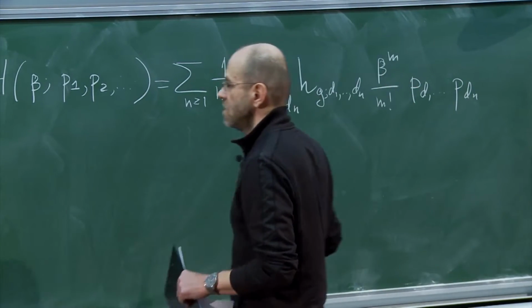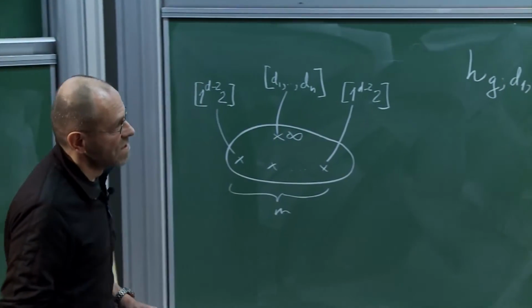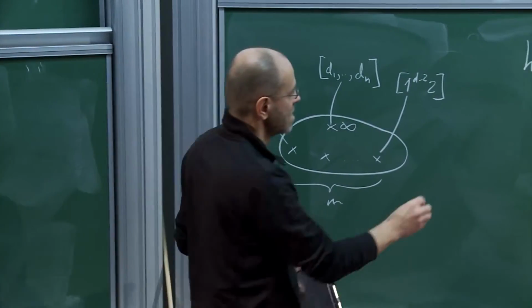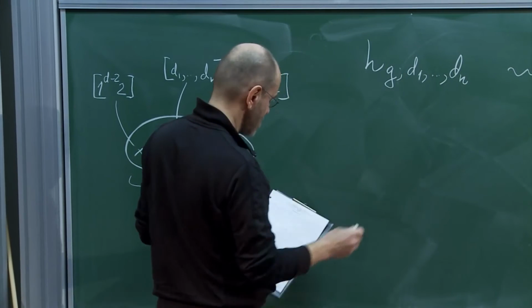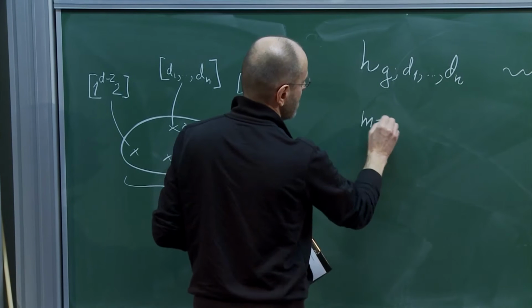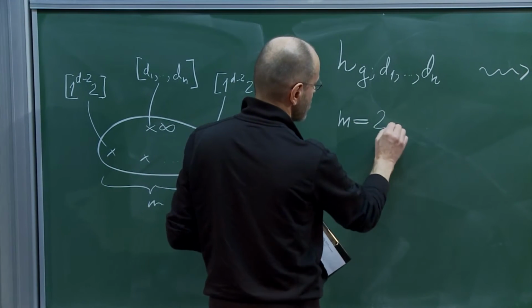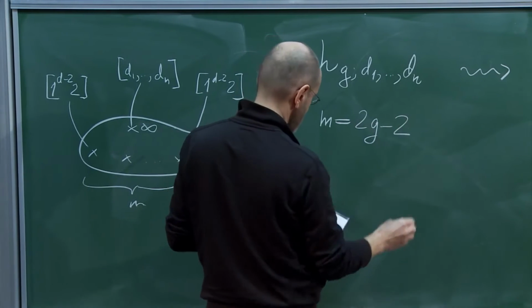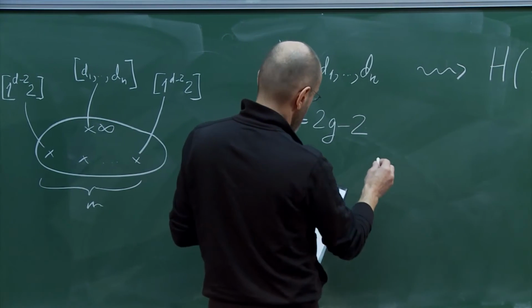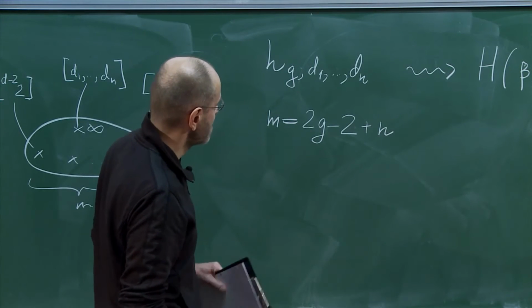And here m is the number of simple critical values, and this m is related to the genus by the Riemann-Hurwitz formula. So let me write it down. That's m is equal to 2g minus 2 plus n plus the degree.